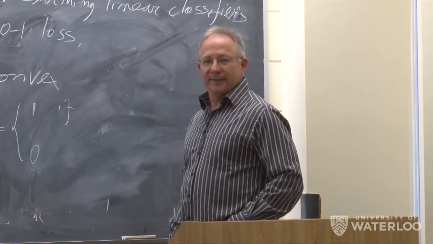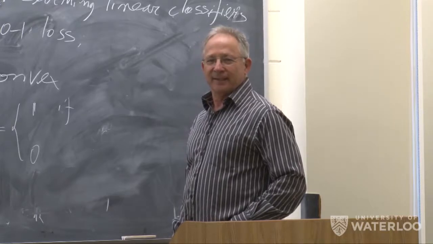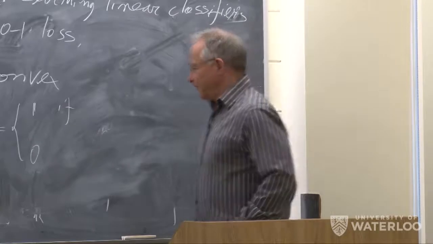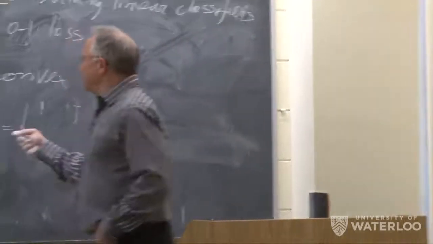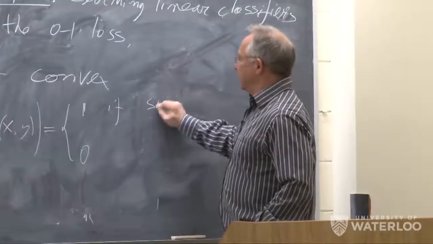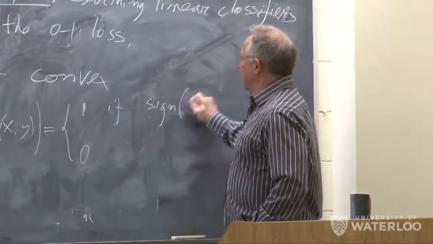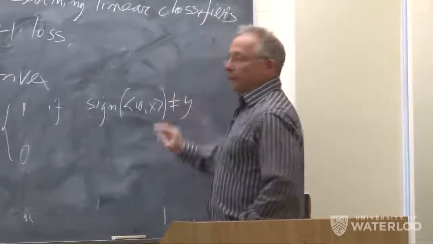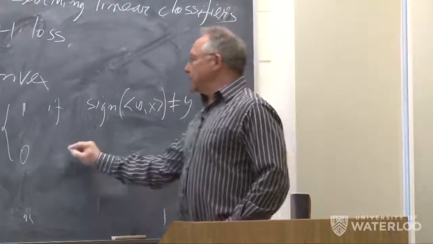It's the function that maps x to 0, 1, parameterized by w. It is 1 if the sign of wx is different than y, and 0 otherwise.